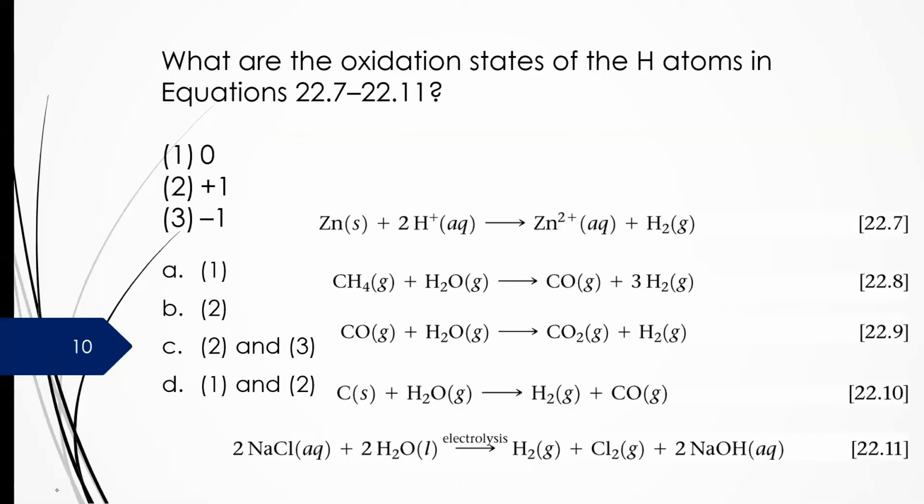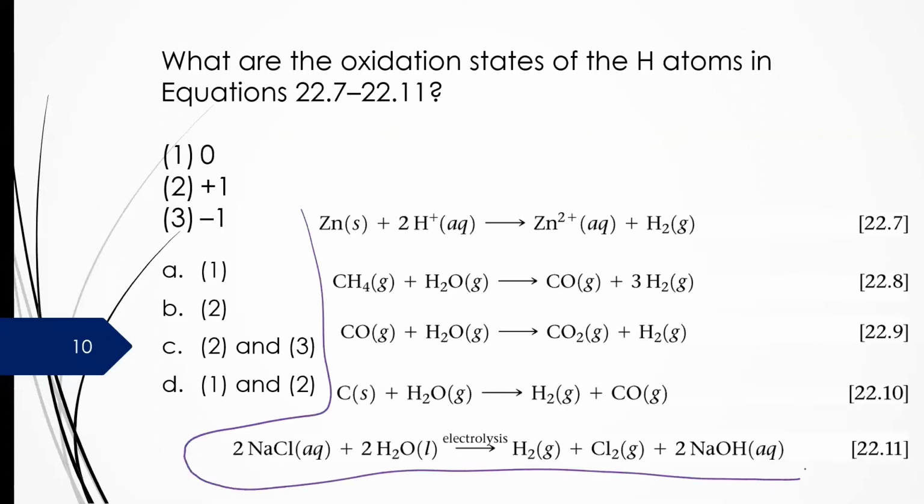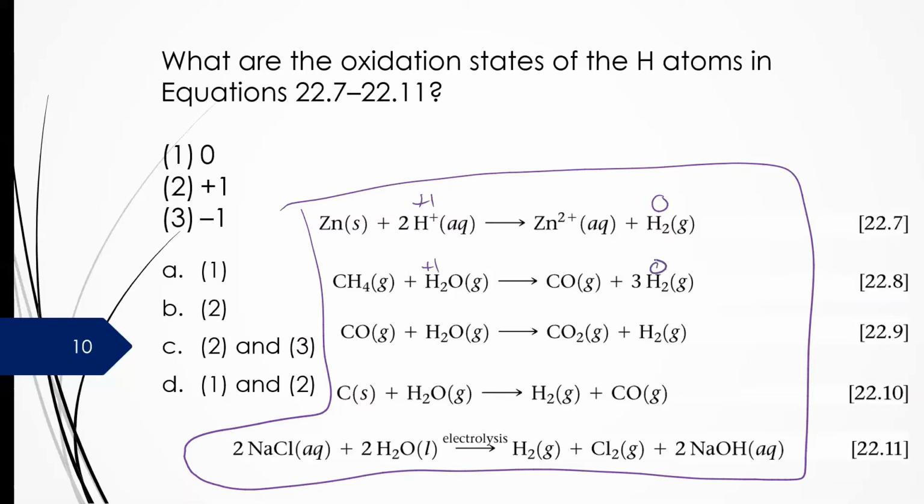So let's think about what the oxidation states are for these hydrogens as we look at this series of reactions. In this one, we definitely have a +1 here, and this one is going to be a 0 for that molecule. We have a +1, a 0. We have a +1, we have a 0. We have a +1 again, we have a 0, and we have a +1, we have a 0.